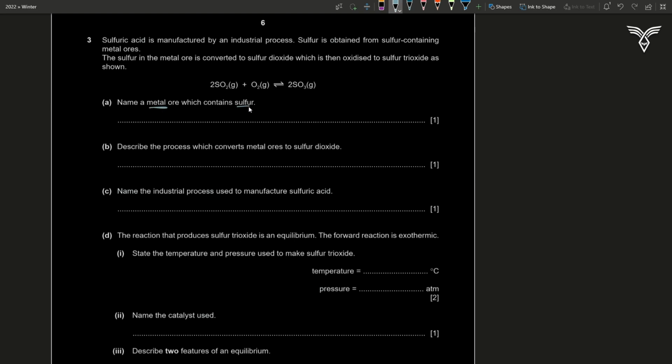So the metal ore that contains sulfur is zinc blende. Okay, part B. I think I missed a letter. Blende.